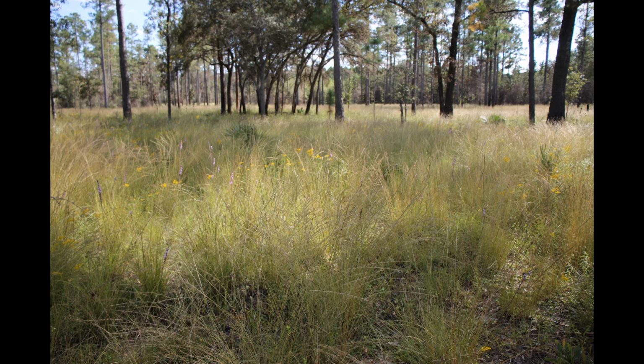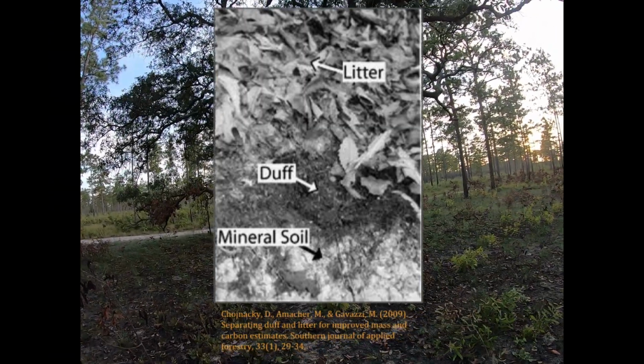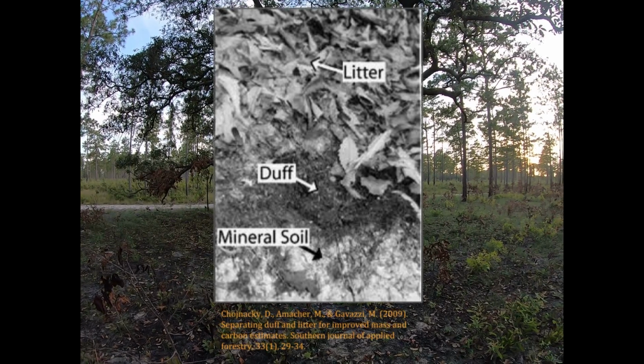What happens within this oak dome is that a large accumulation of litter occurs, and this large accumulation of litter often forms into duff, and duff holds on to moisture for longer periods of time than if there were no leaf litter there.